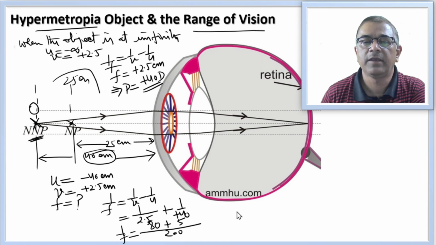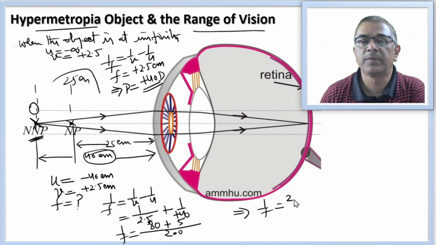1 by f is equal to 200 divided by 85. So f is equal to 85 by 200 centimeter.